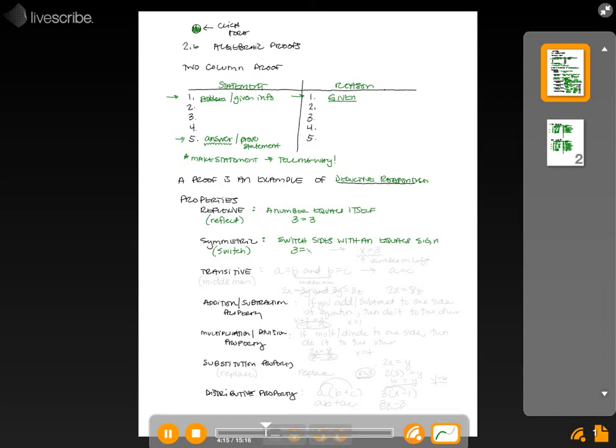If I have 3 equals x, then according to the symmetric property, I can make it x equals 3. And that's going to be really important because all of our answers for these algebraic proofs always need to have the variable on the left. If they don't, we're going to have to use that symmetric property to switch it around to get the variable on the left and the number on the right.